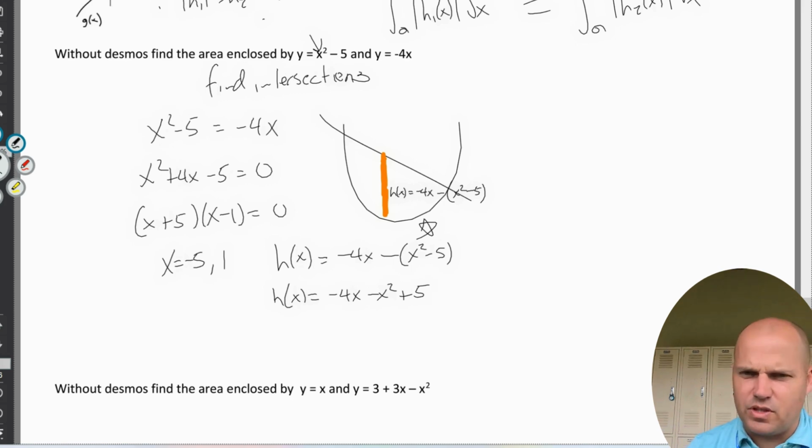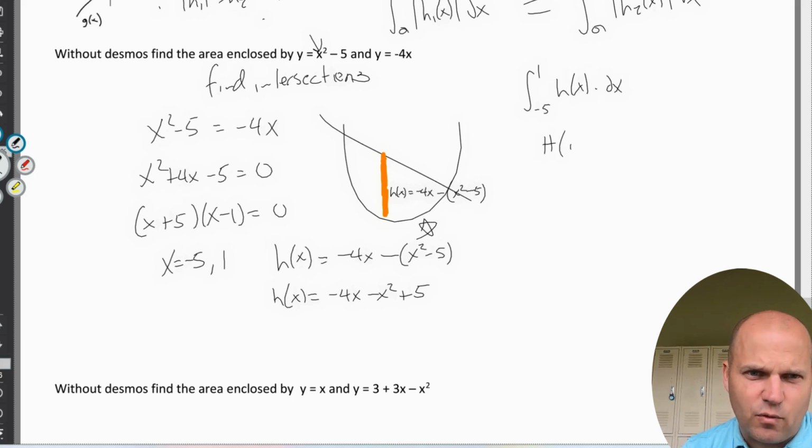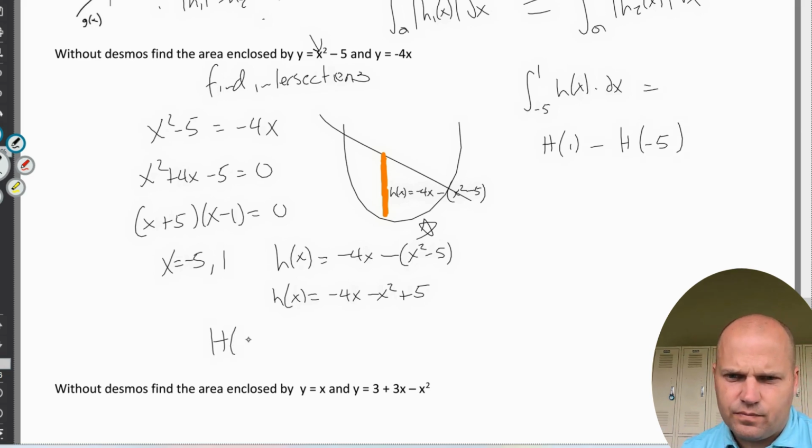We can put this in the other order if we want to. I would love to accumulate this from negative 5 to 1, these heights times their skinny widths. I need super h of 1 minus super h of negative 5. Super h, and I'm not going to simplify this.